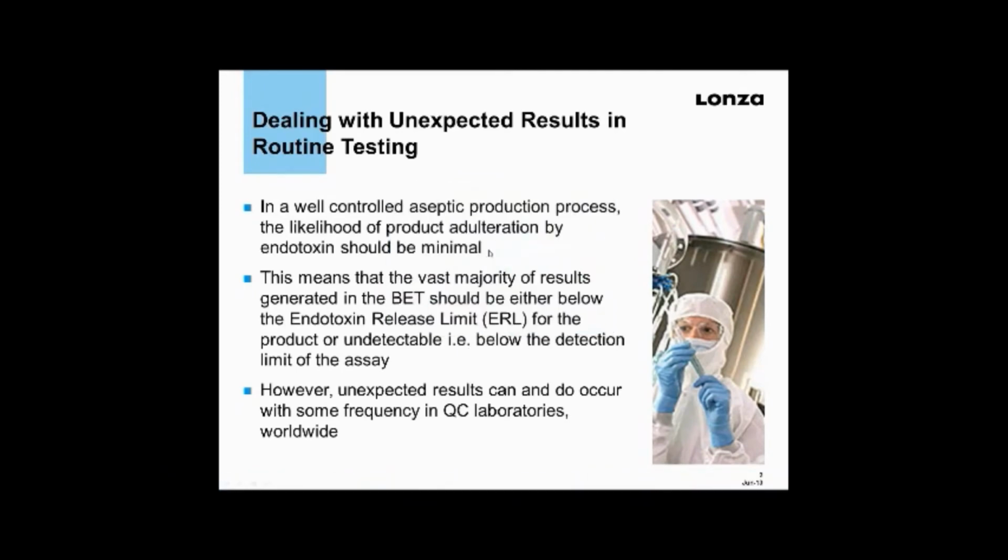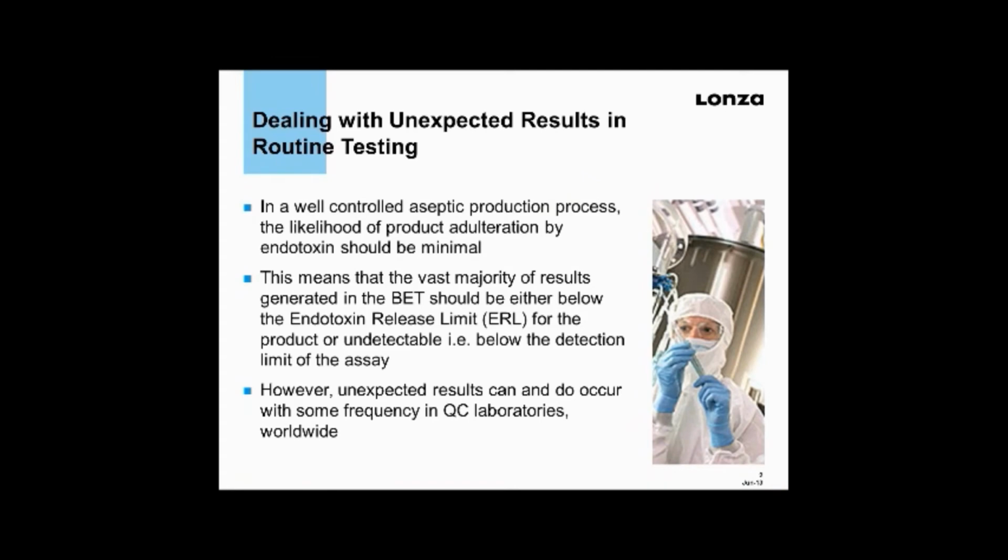For example, this result is out of trend, or my PPC recovery is not within the allowed limits of 50 to 200%, or my blank reaction is before the lower standard. In the worst case, my product appears to have endotoxin content greater than my release limit. So how best to deal with these types of unexpected results?